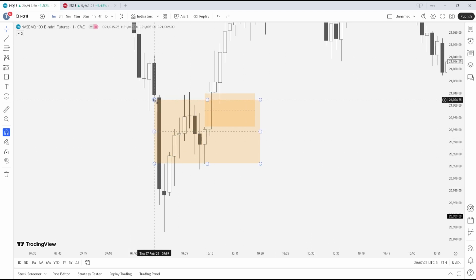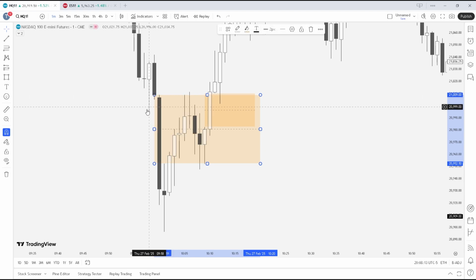But I want you guys to pay close attention to these gaps between the candles. This is called a volume imbalance. It's when the close of one candle and the open of the next candle are not at the same price level. When you have a volume imbalance, you want to also cover that with your fair value gap, so you would mark it out like this.